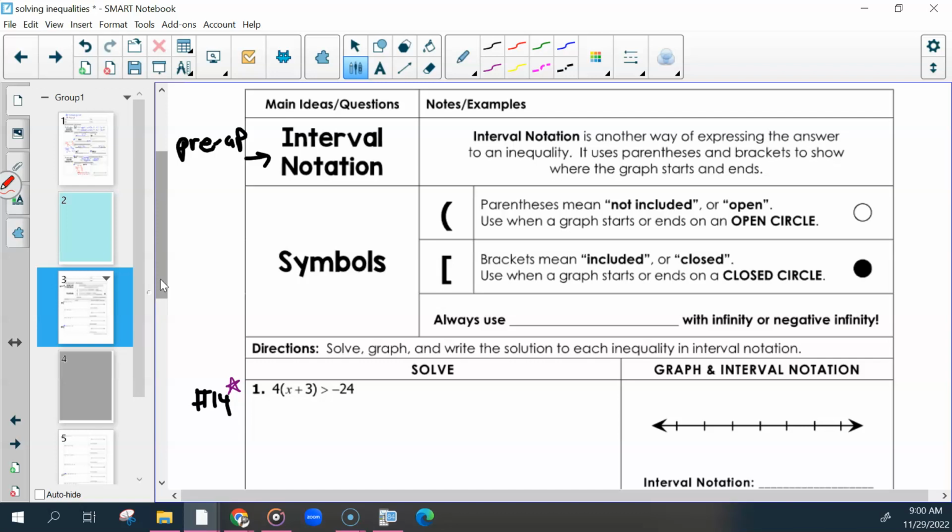So if you see strictly greater than, strictly less than, you're going to be using parentheses. If you see greater than or equal to, less than or equal to, that's going to use brackets. The only time this is different is if this goes to negative or positive infinity, then we're going to use parentheses no matter what. I don't know if I spelled that right.